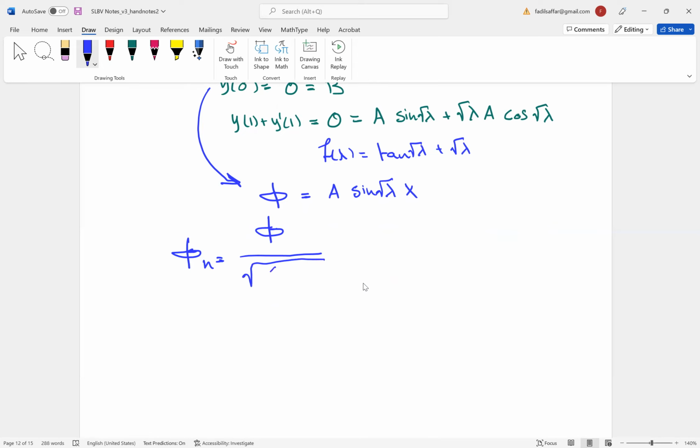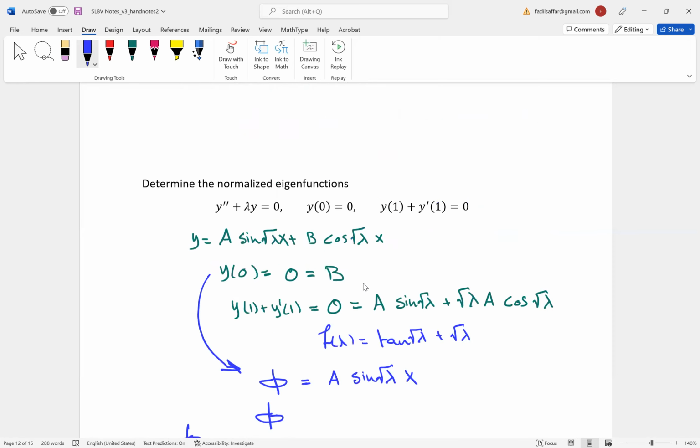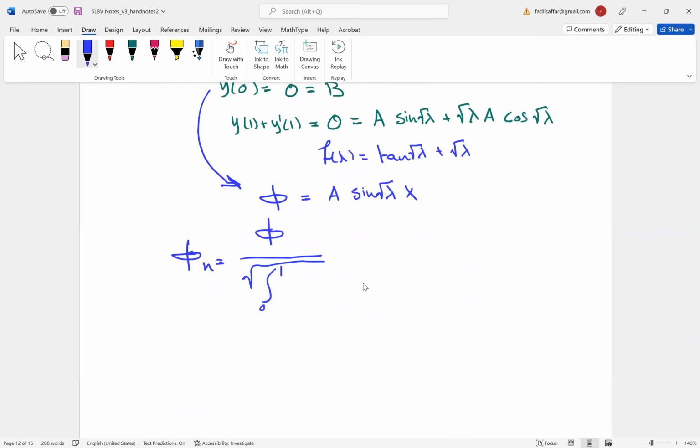square root of the integral from 0 to 1, because that's the period that we have here. It's from 0 to 1. And that's the inner product of the function with itself, which is basically phi squared dx.